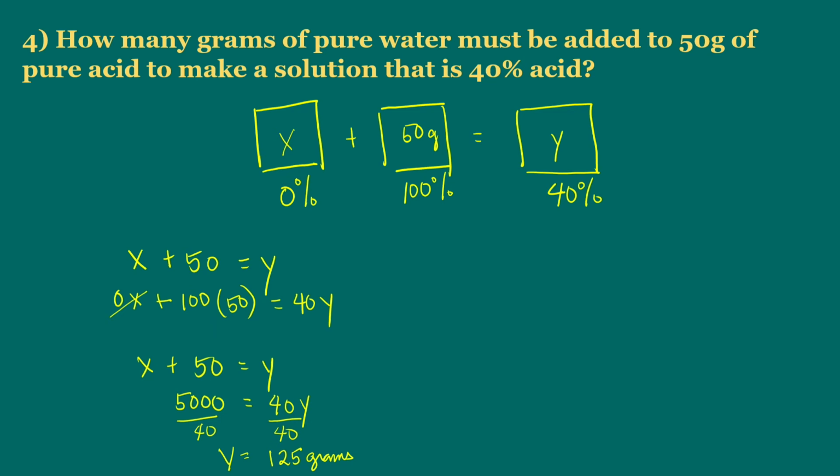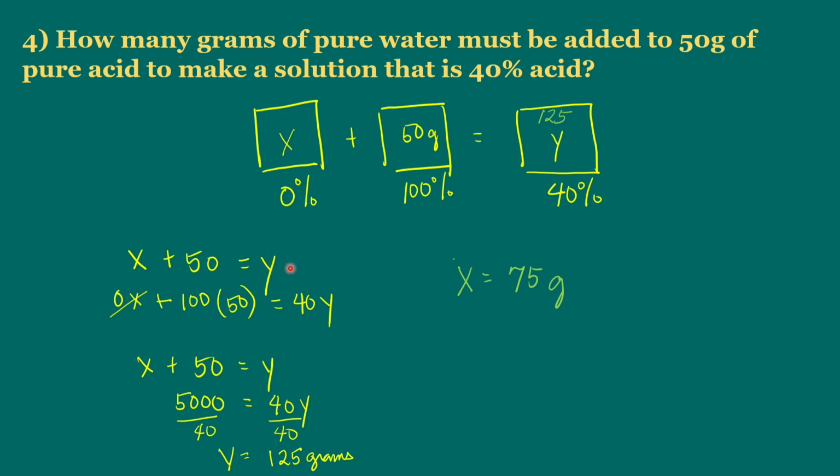Now, if the y variable is equivalent to 125 grams, okay? So what will be x? So the x here is equal to 75 grams. So it is just 125 minus 50.